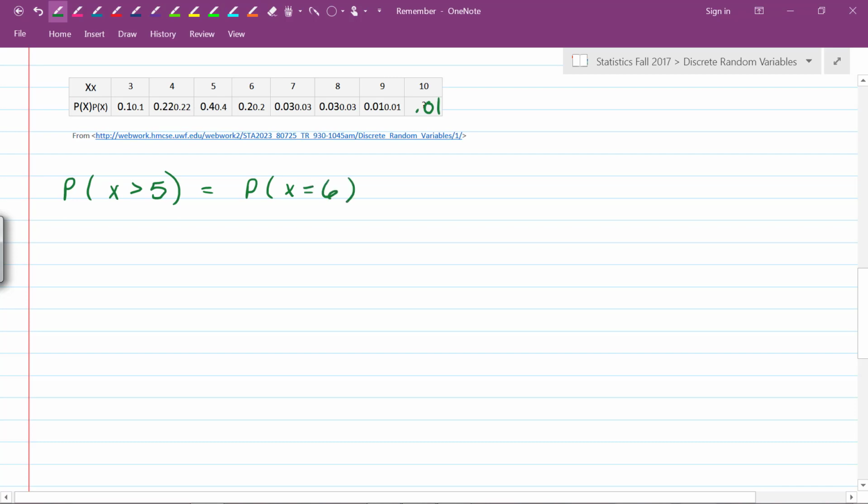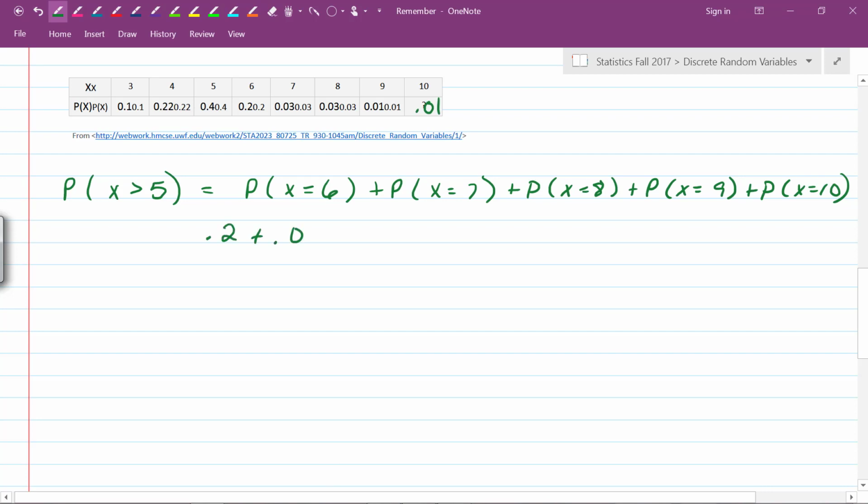So it's x equals 6 plus the probability that x equals 7 plus the probability that x equals 8 plus the probability that x equals 9 plus the probability that x equals 10. Okay, so that is 0.2 plus 0.03 plus 0.03 plus 0.01 plus 0.01.